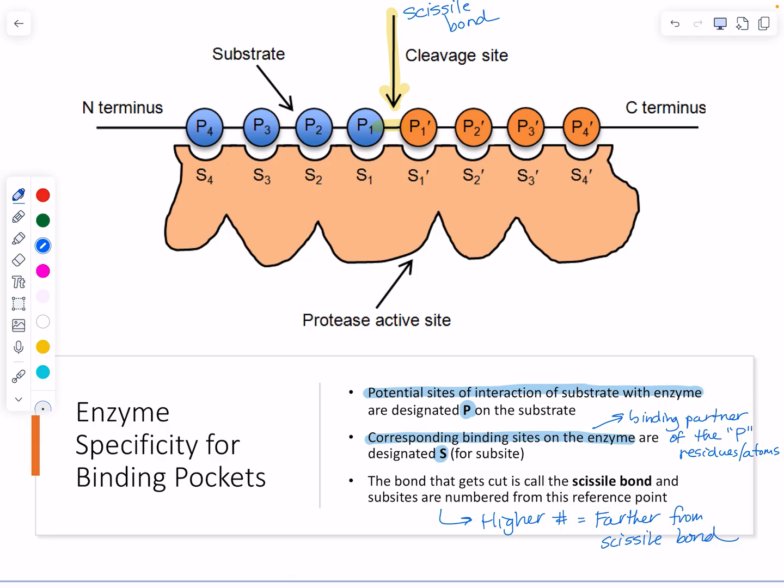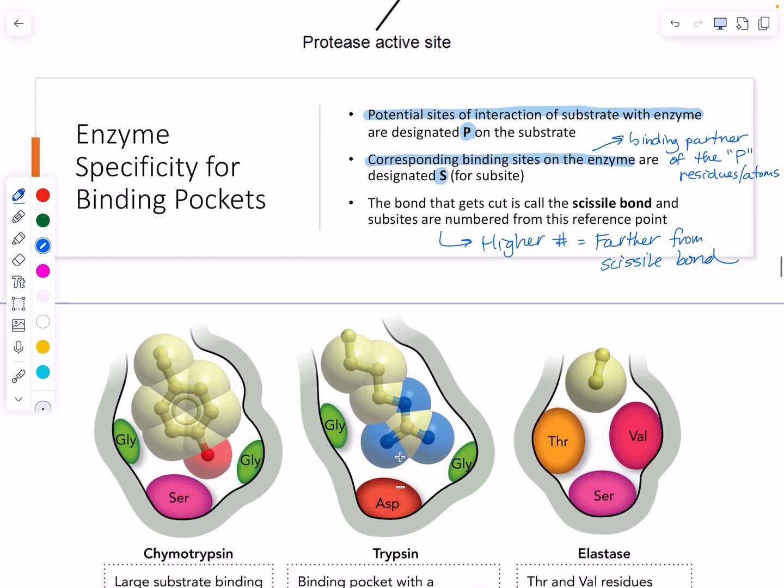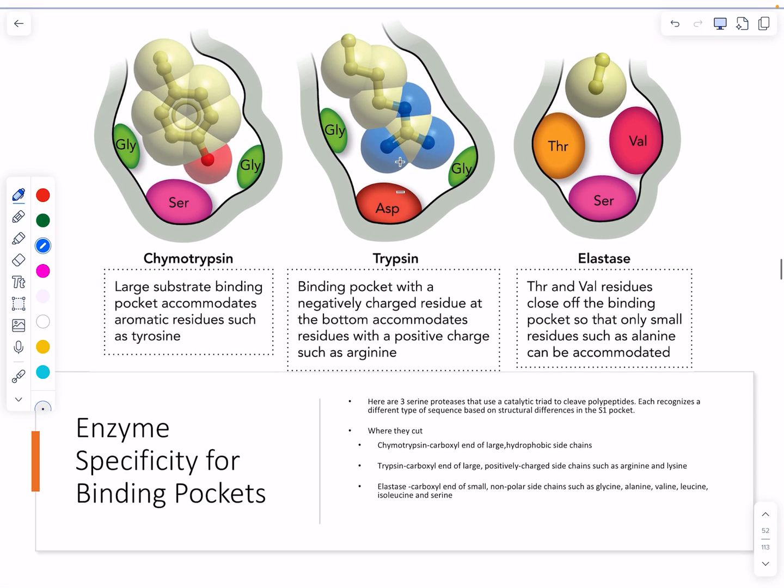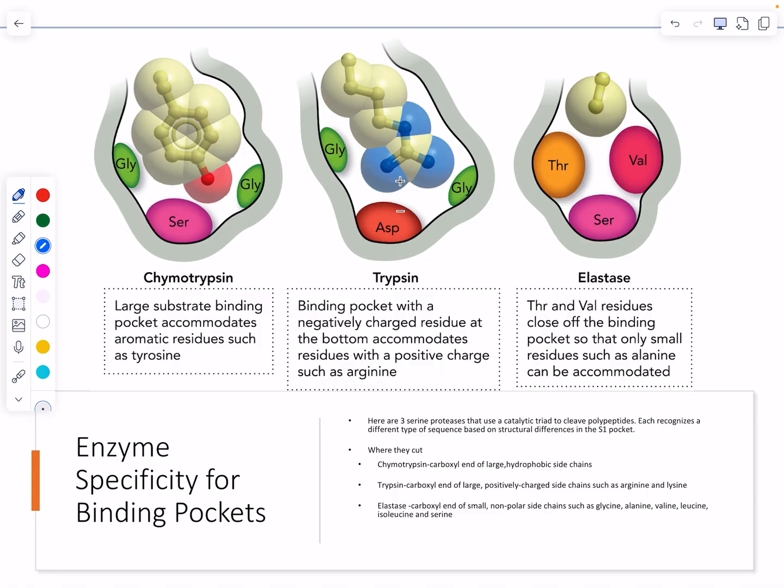So what we're going to do is look at 3 examples. We're going to compare chymotrypsin to 2 other serine proteases that have different specificities, and we're going to see how the sites compare. All 3 of these are serine proteases, and they all use the same catalytic triad, aspartic acid, histidine, serine.